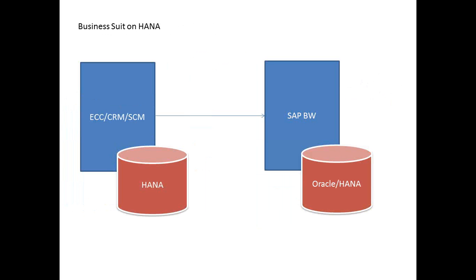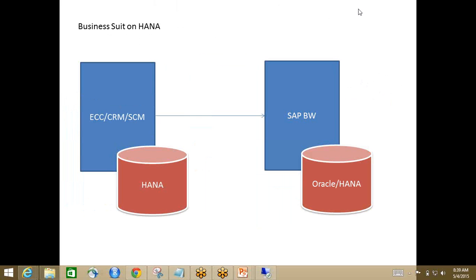There is a course called ABAP on HANA. That deals with migration and how to change the ABAP code and ABAP objects when you are using HANA as the underlying database. You're absolutely right, there are some challenges out there. Okay, thanks for the clarification.